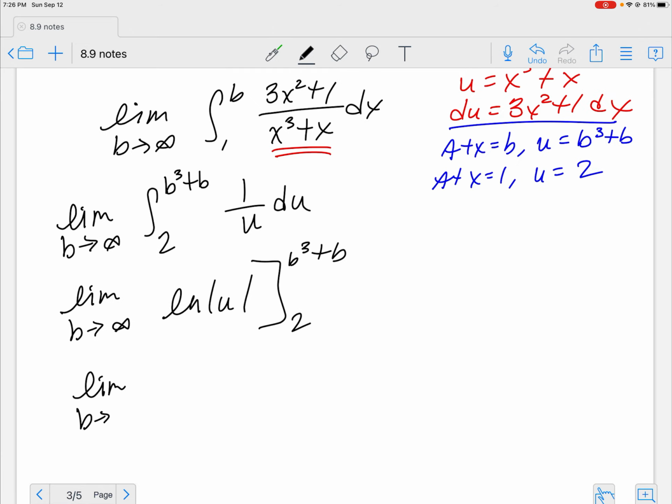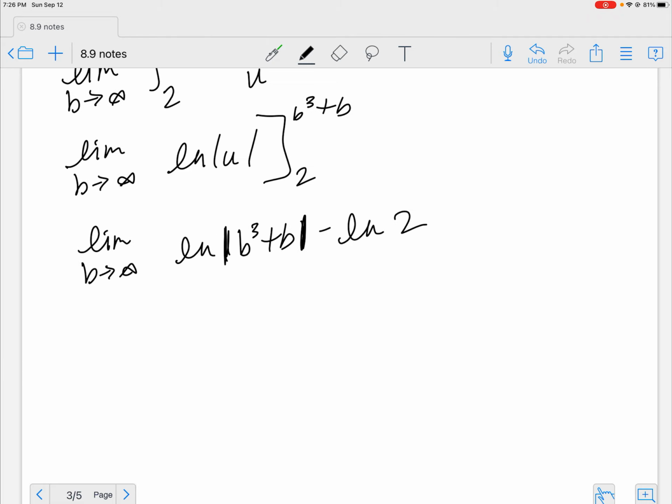Plug that in. The limit as b approaches infinity of the natural log of b cubed plus b minus natural log of 2. Now what happens as b approaches infinity here? What happens to natural log?